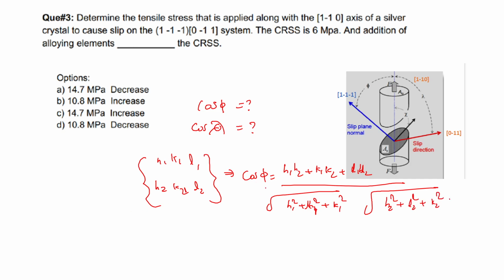So you have to do all this and find the cos phi angle. Similarly cos lambda also. Cos phi is the angle between these two, and similarly cos lambda will be between these two. Solve it and please let me know what cos phi and cos lambda are first.